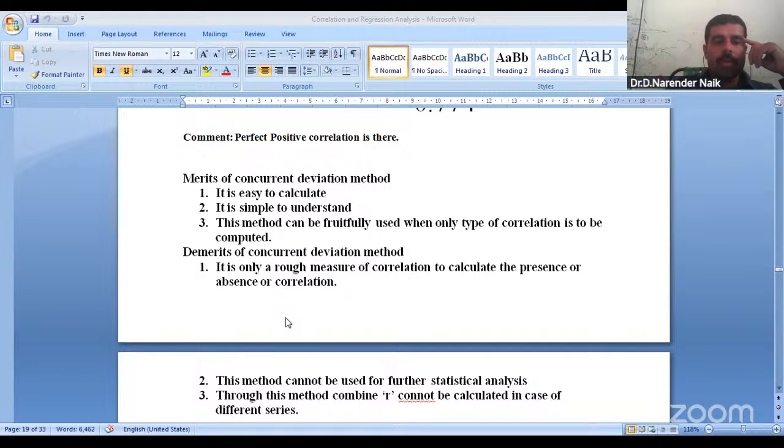Demerits of concurrent deviation. It is only a rough measure of correlation. It indicates the presence or absence of correlation.